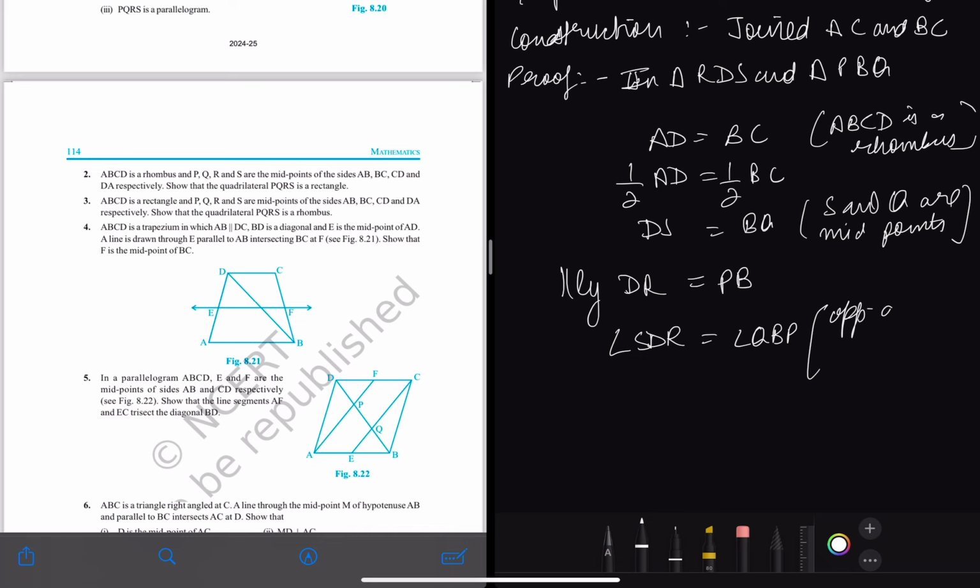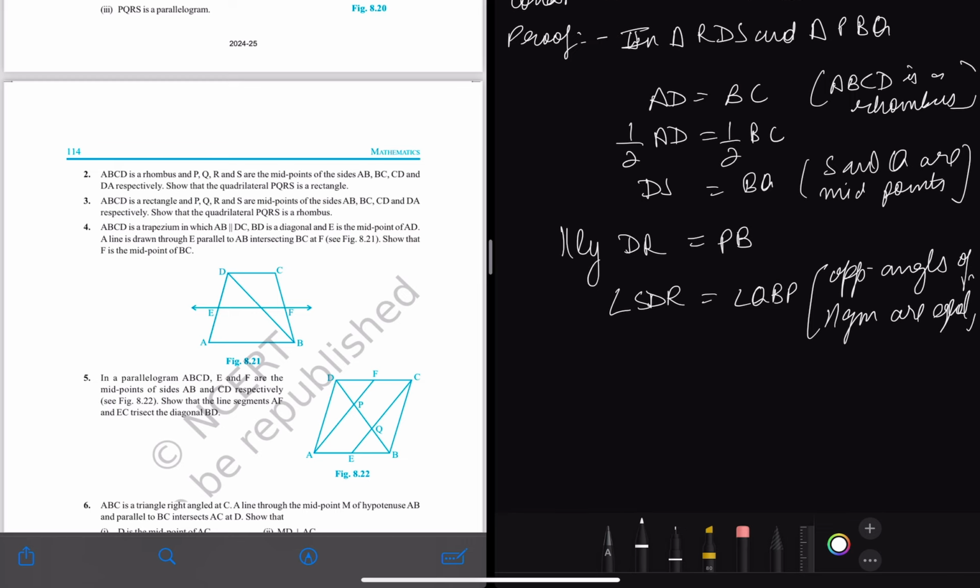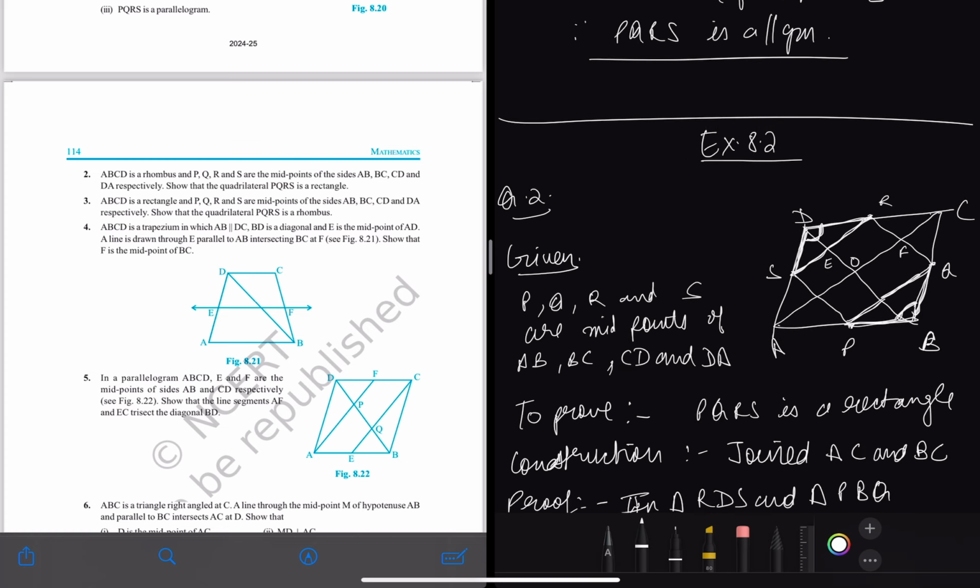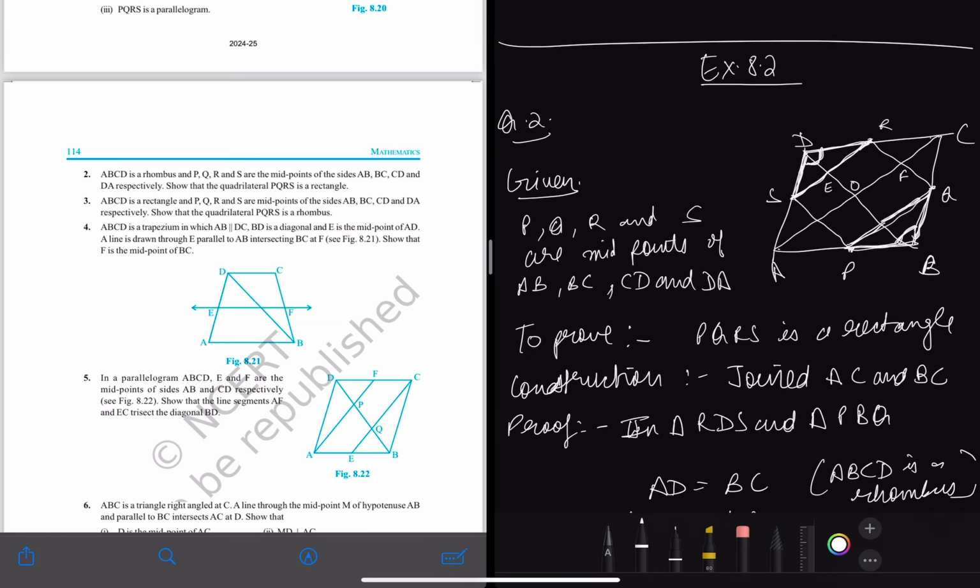So this shows that triangle RSD is congruent to triangle PBQ by the SAS axiom. So here we can say that SR is equal to PQ by CPCT.